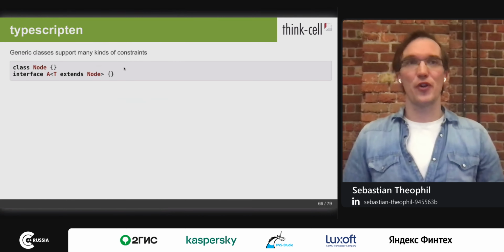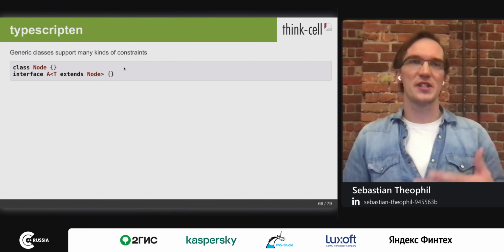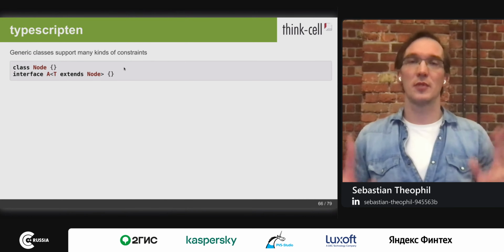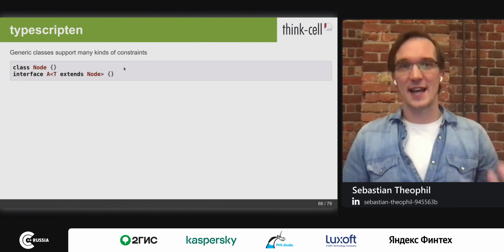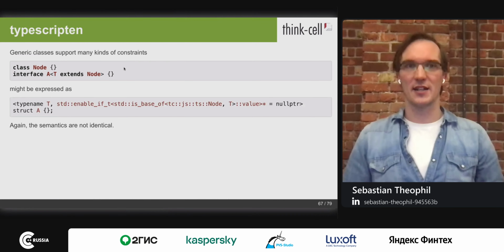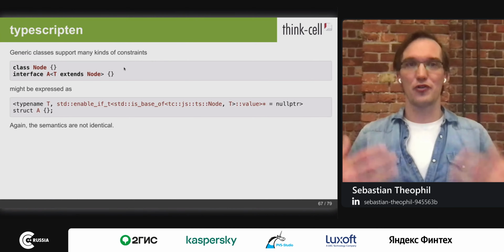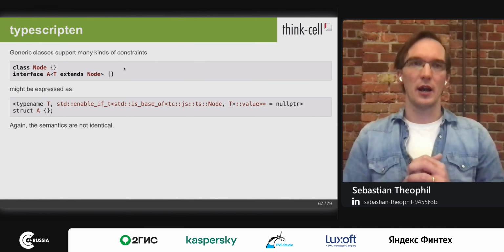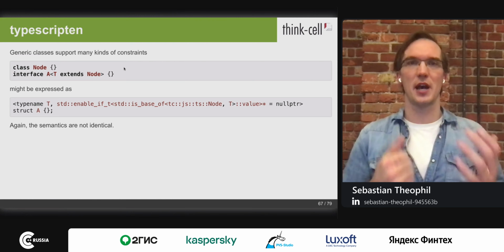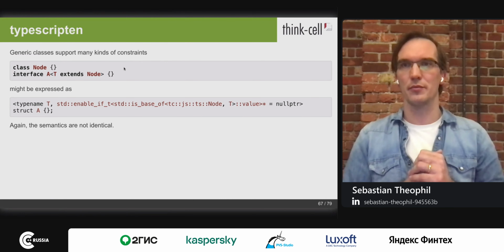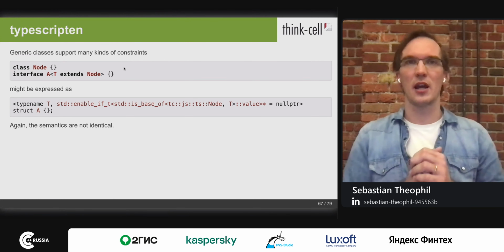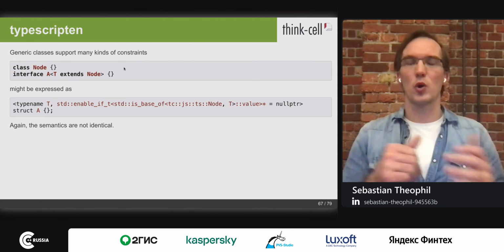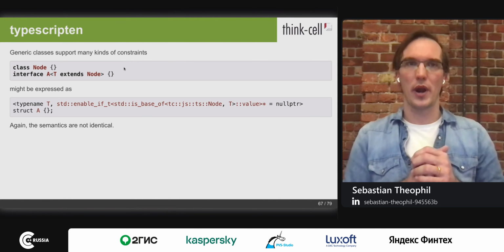There are a lot of constraints that those TypeScript generics support. You can, for example, also say that a type T should extend class node. That sounds very much like we should translate it as something like this. So we could create this enable_if, this enable_of template magic that checks at compile time if type T actually derives from node, and only then enable our class A. Again, here as before, these are not quite the same semantics, but they work well in practice.